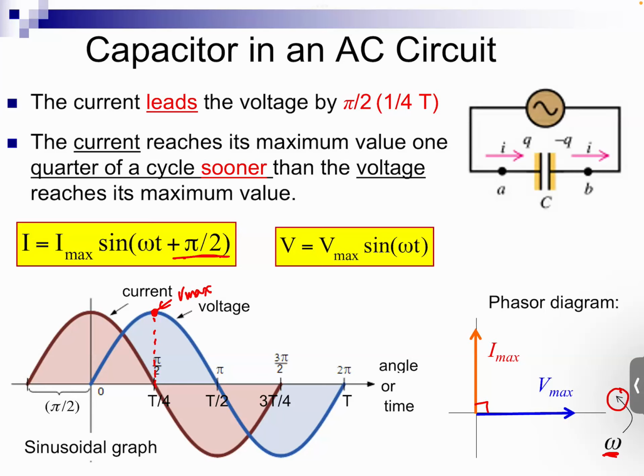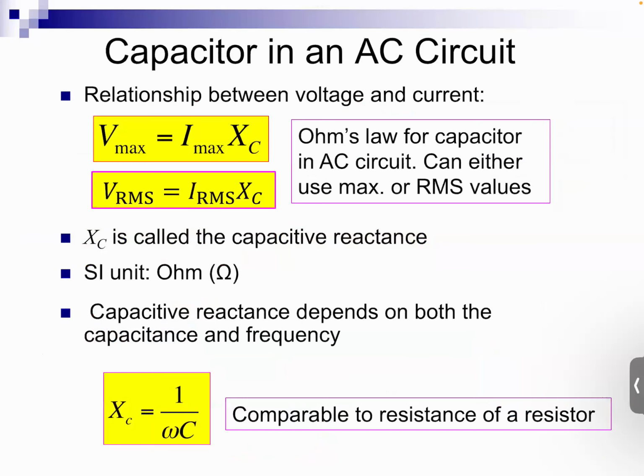Now how do we analyze, how do we calculate? Of course, the currents and voltages at any time t can be solved by using this equation, just plugging in time values and omega values. But we can also use Ohm's law, V is equal to IR, to find maximum currents and maximum voltages, or RMS currents and RMS voltages.